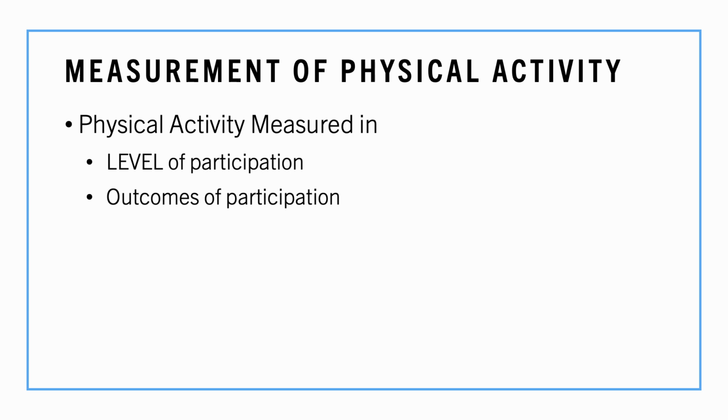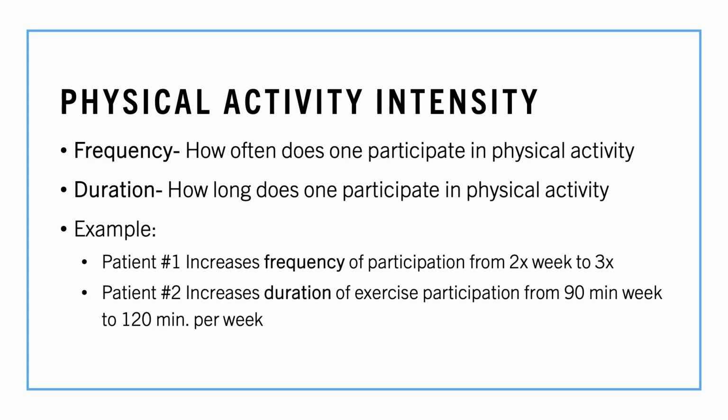So it's the level, and the frequency and duration of what we're doing. So again, physical activity intensity, we just discussed, but that's what you're going to want to put in your objective. So frequency, how often does one participate in physical activity, and the duration of how long does one participate.